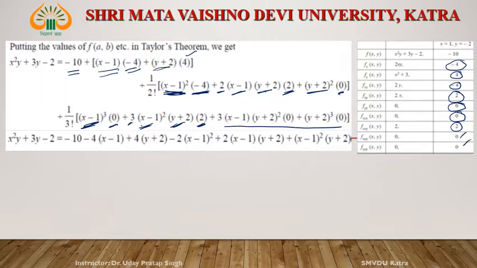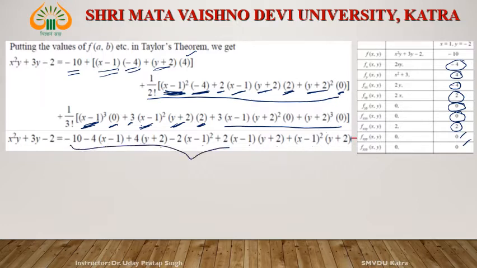Now simplifying this. The first term is minus 10, the second term is minus 4 into x minus 1, and the third term is 4 into y plus 2. Simplify this, right? This is minus 2 times (x minus 1) whole square plus 2 times (x minus 1)(y plus 2) plus (x minus 1) whole square into (y plus 2).